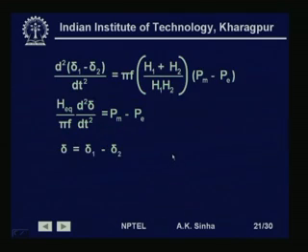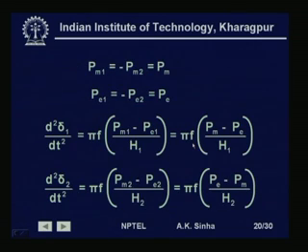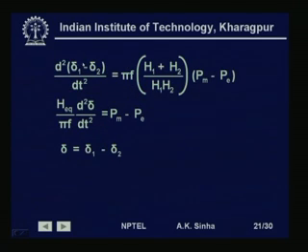Now, subtracting these two equations, that is, if we subtract equation 2 from equation 1, we will get d²(δ1 − δ2)/dt² equal to πf (H1 + H2)/(H1 H2) into (Pm − PE).